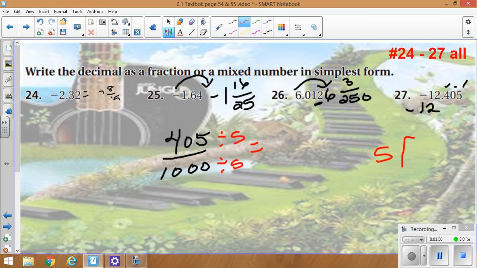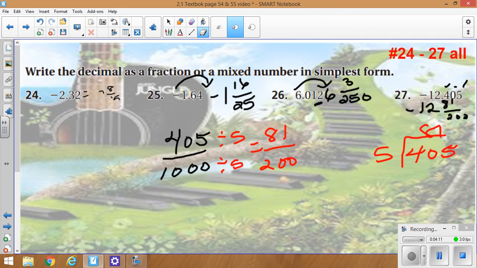If you divide 405 by 5, you will get 81. So I get 81 over 200. So your final answer is -12 and 81 over 200. Okay, and I will be deleting all the work, so if you need it, pause now.